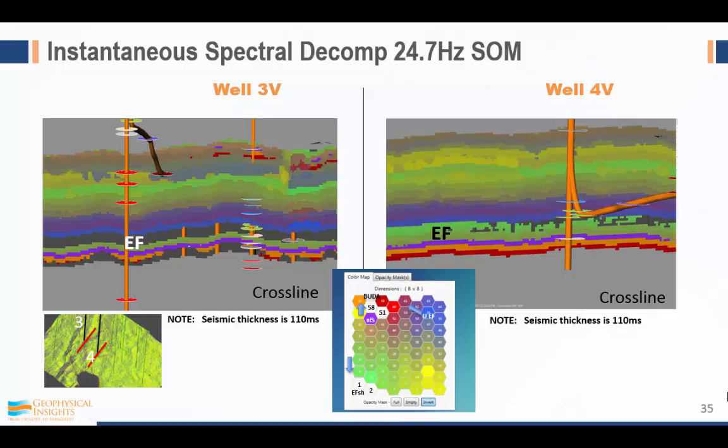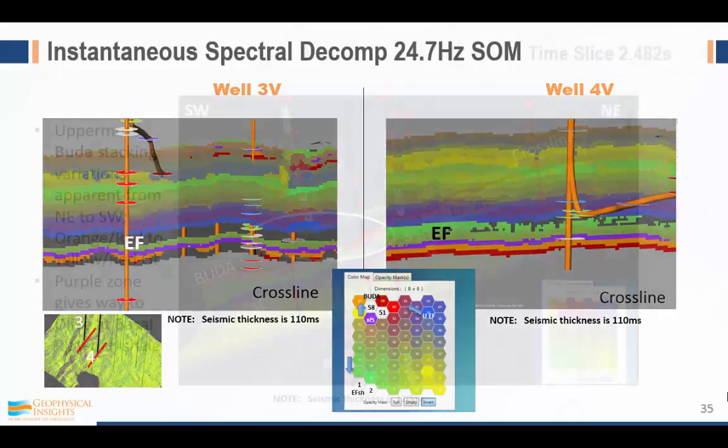Don't know what it means, but you can't interpret what you can't see. So you need to see it, calibrate it, if it's important to you. This was less important to me, but learning about spectral decomp was very important to me. I had never worked with it before.